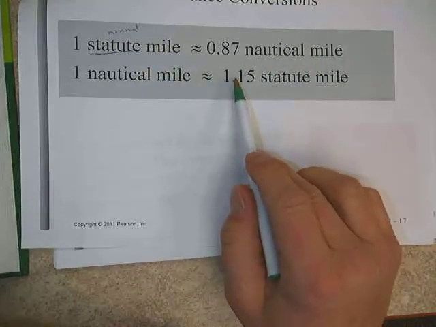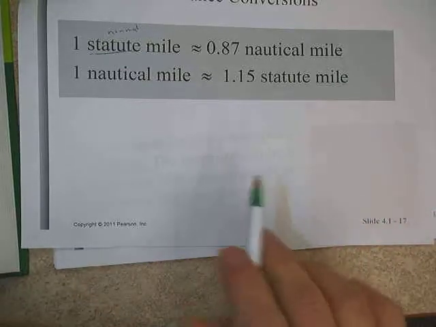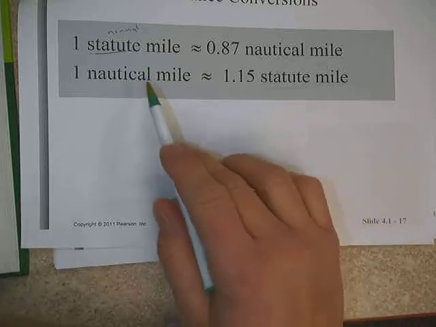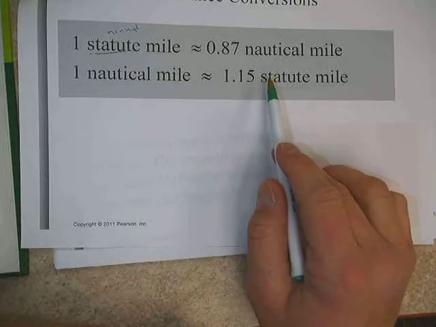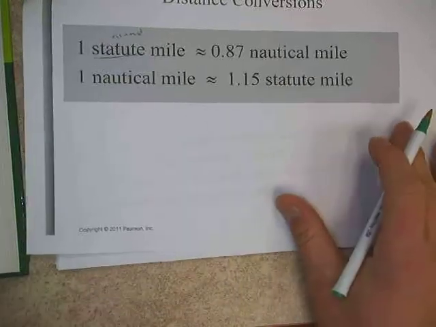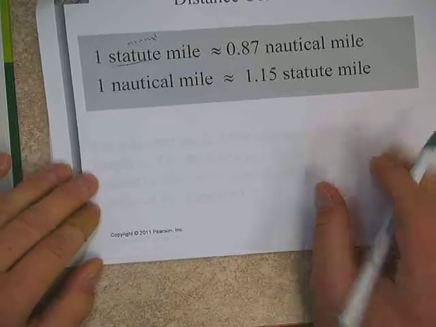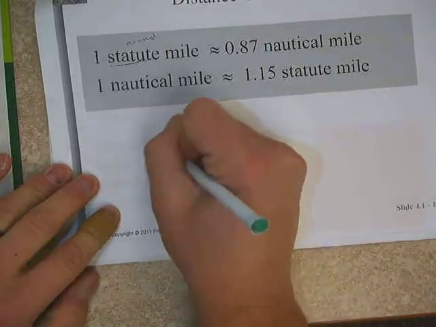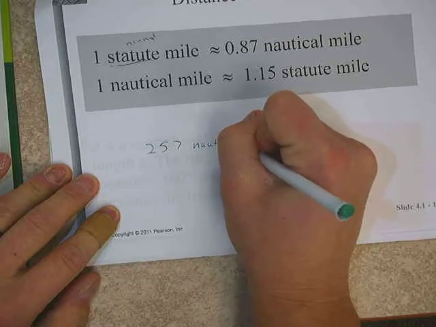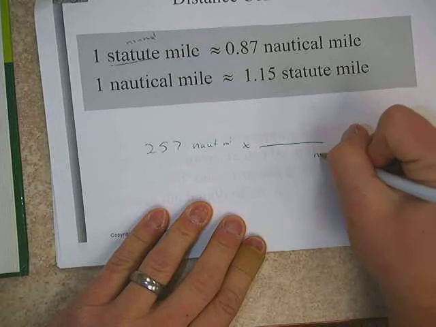So if you look at the first conversion, a statute mile, that's like our normal mile, is going to be equivalent to 0.87 nautical miles. And then going back the other way, 1 nautical mile is going to be 1.15 statute miles. So notice that they're close to each other in terms of being almost the same. But if we go a whole nautical mile, then we actually went more than our normal mile, didn't we?